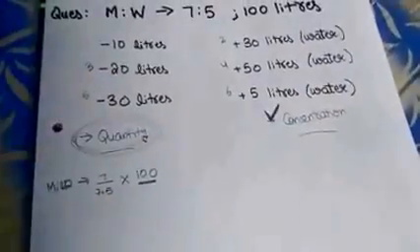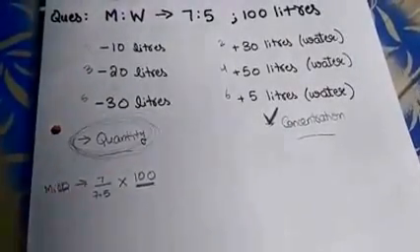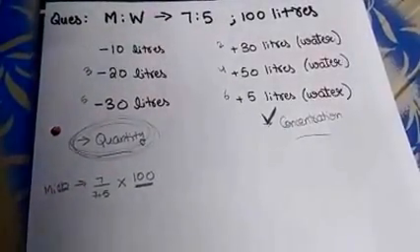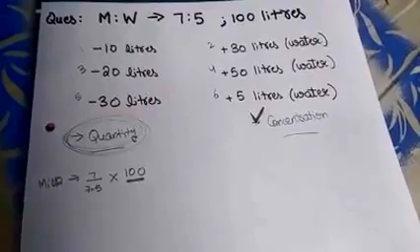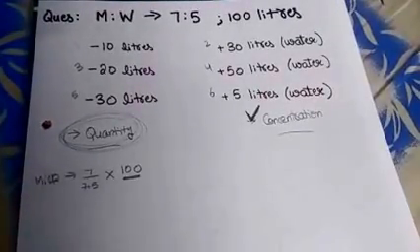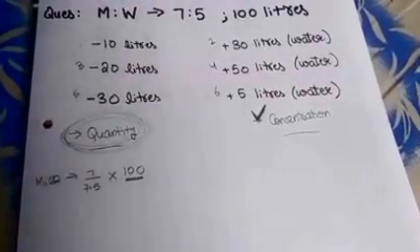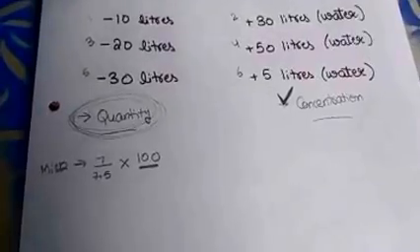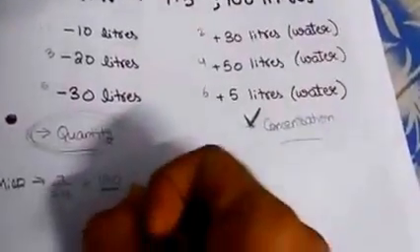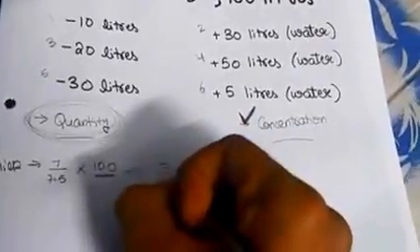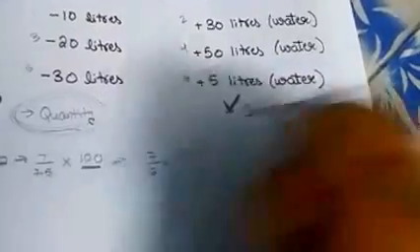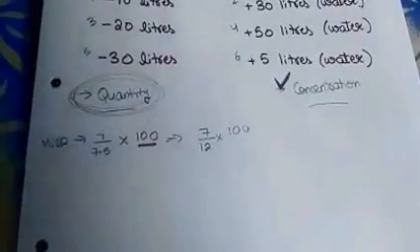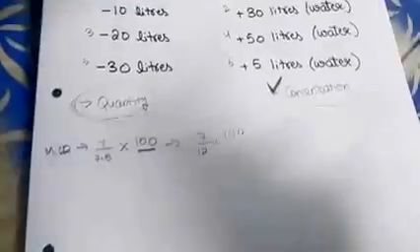One thing is that after every event, after every activity, do keep track of the total volume. So right now it's 100, right? And we have our quantity of milk as 7 divided by 12 into 100.